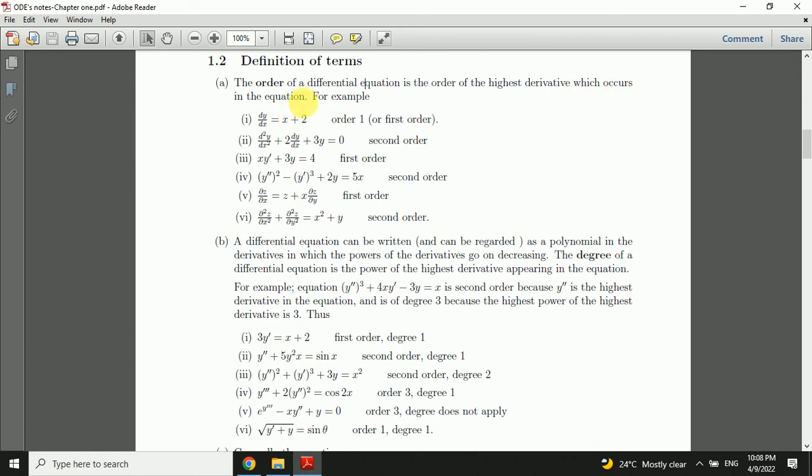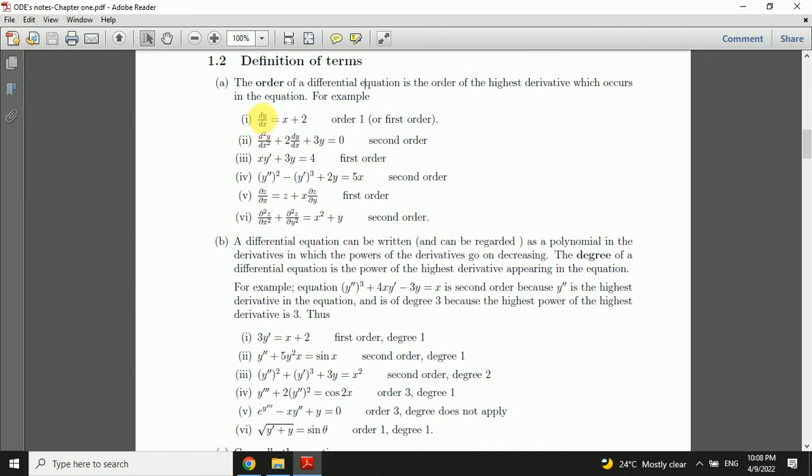So given a differential equation, find out how many times the unknown function was differentiated. Okay? So the number of times the unknown function was differentiated, the highest number of times gives us the order of the differential equation.